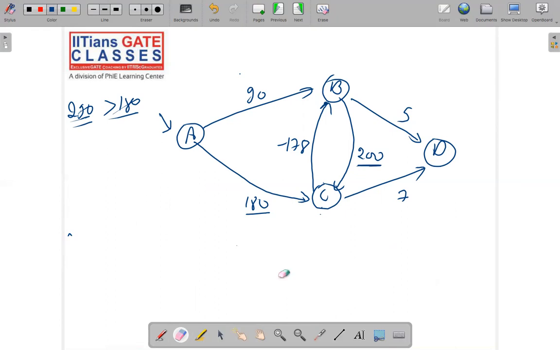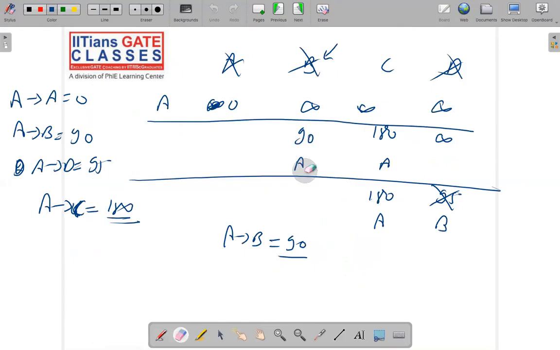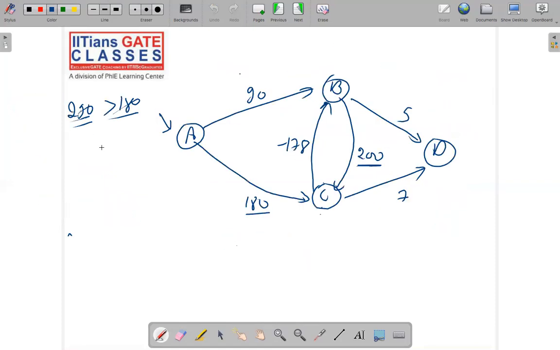So in Dijkstra's algorithm, what we did was delete the minimum one in the first step, which is A. In the second step, we deleted the minimum one, which is B, and concluded that A to B is 90. But if there is a negative edge weight, and you go from A to C, then to B, it will be 2.